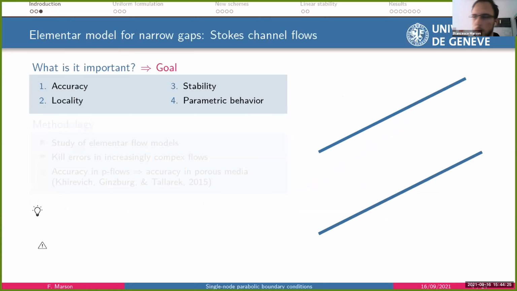So, how do we develop good, so accurate, boundary conditions for this kind of application?